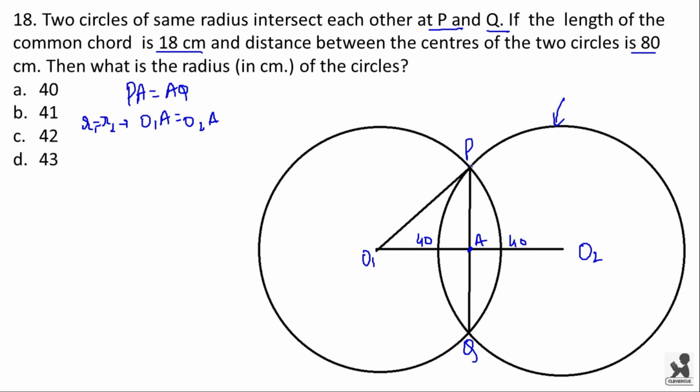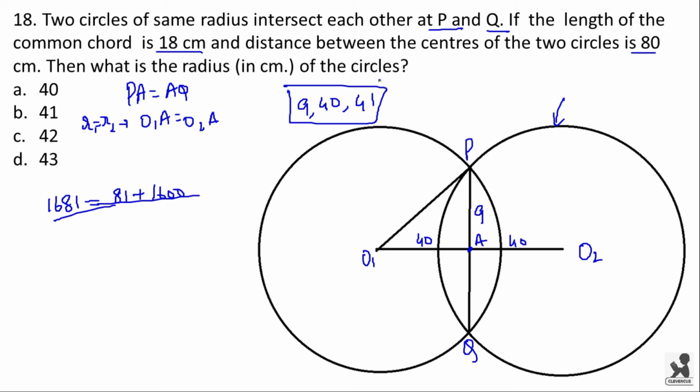Now the length of PA is equal to 9. Here we have 9, 40 and 41 as Pythagorean triplets. You can check this. Here 41 square is 1681, which will be equal to 9 square, 81, plus 40 square, 1600. So these three are Pythagorean triplets.